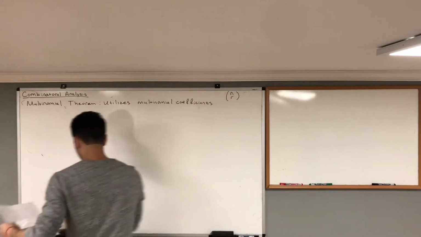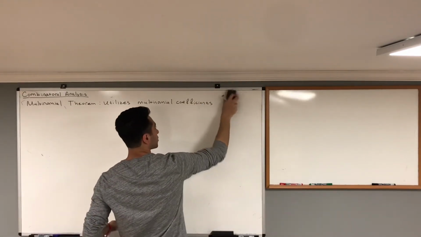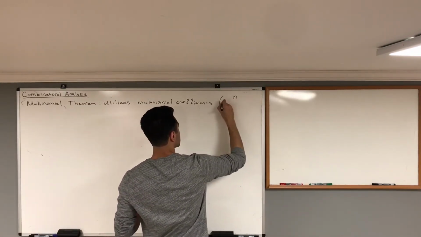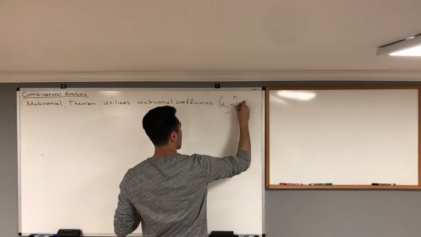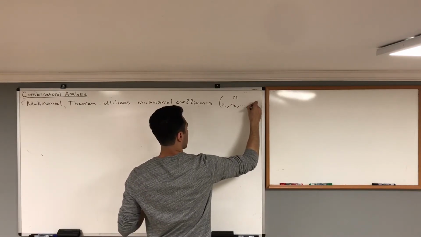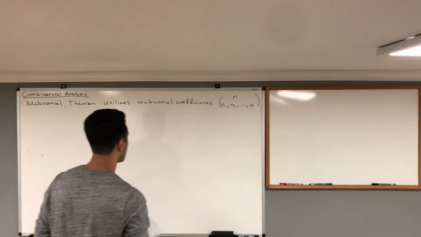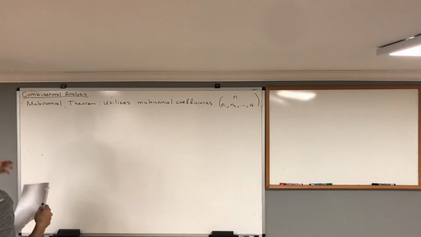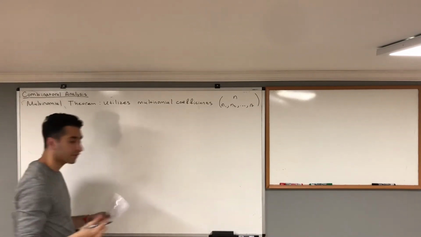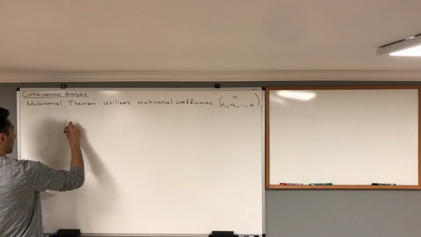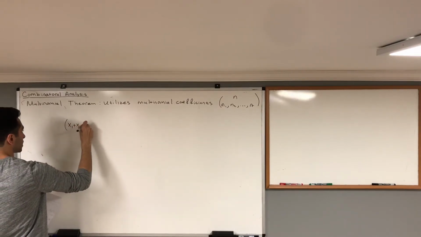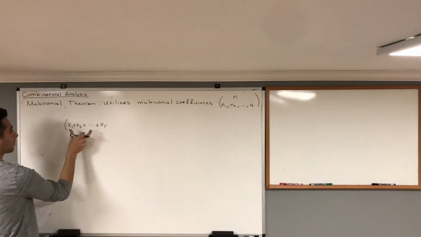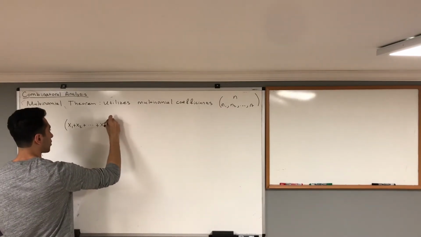Which are not that. This is binomial. Multinomial coefficients, if you remember, is n choose n1 comma n2 comma all the way to your last r group. So it utilizes this into its theorem, and this is how it looks. If you have a sum of numbers, x1 plus x2 plus all the way until xr, so you have r amount of numbers, and it's raised to the power n.